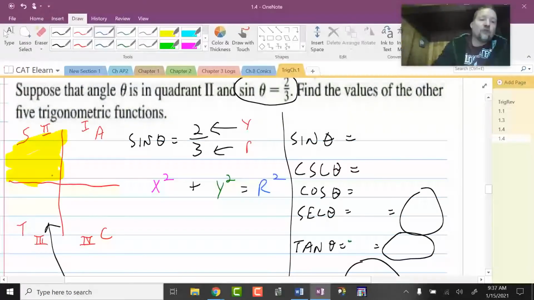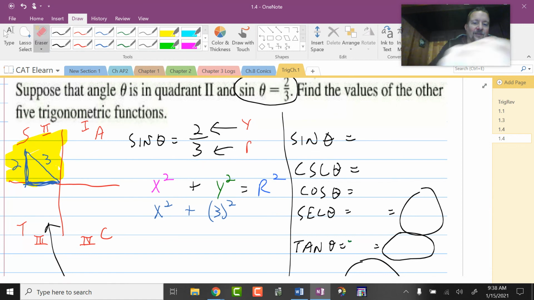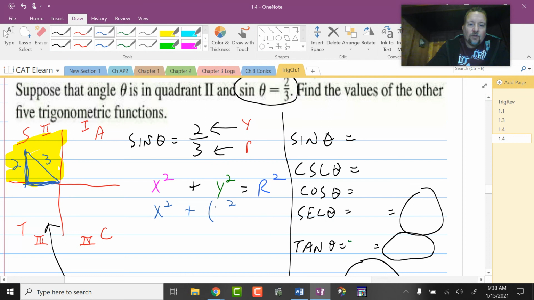So when I draw this triangle in quadrant 2, I don't know x, but I do know y, which is 2, and I do know r, which is 3. So that's the drawing there. So I should know that in order to find x, I need the Pythagorean theorem. Wrong! That's 2 squared. My bad. I caught it quick. x squared plus 2 squared equals 3 squared. 4, 9, 9 minus 4 is 5.